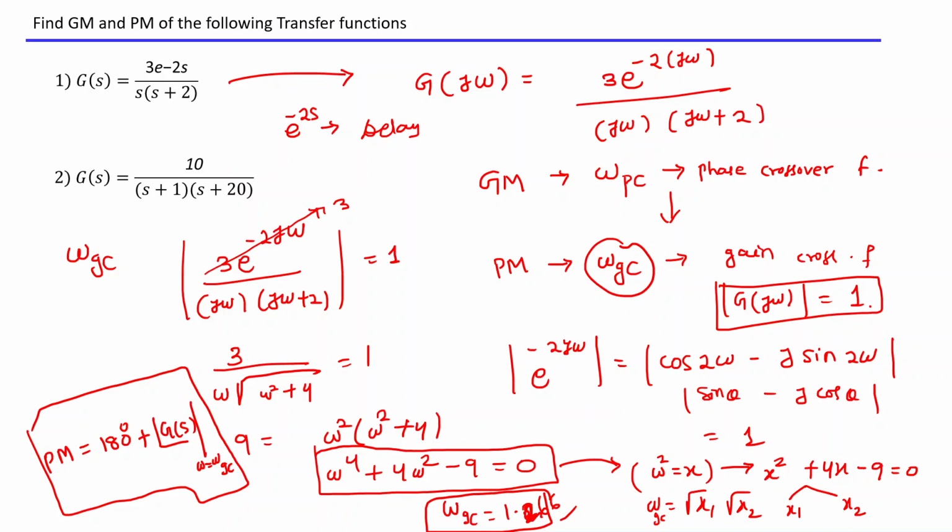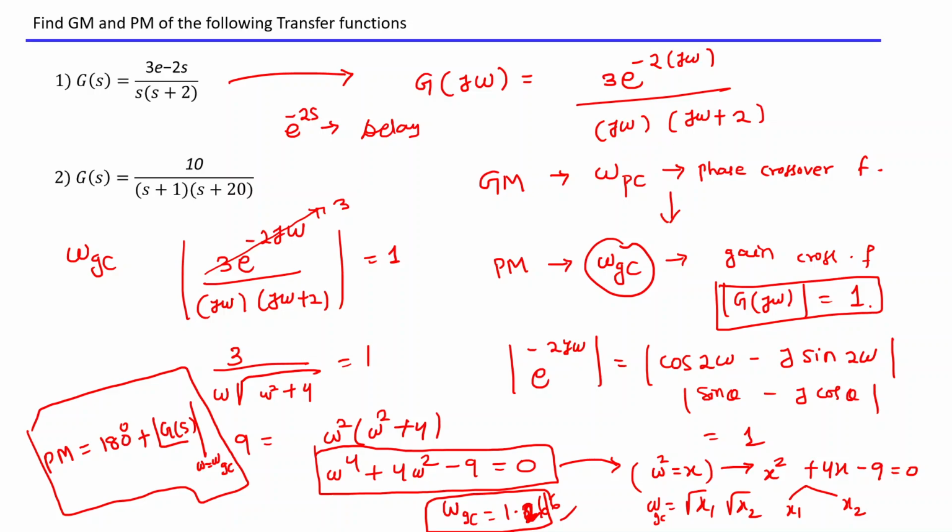Gain margin and phase margin negative means the system is unstable. This is an open loop transfer function, but we are finding the closed loop system stability by using the Bode plot, and from that we conclude that the gain margin and the phase margin of the system for a unity feedback system are negative. It means the system is unstable.